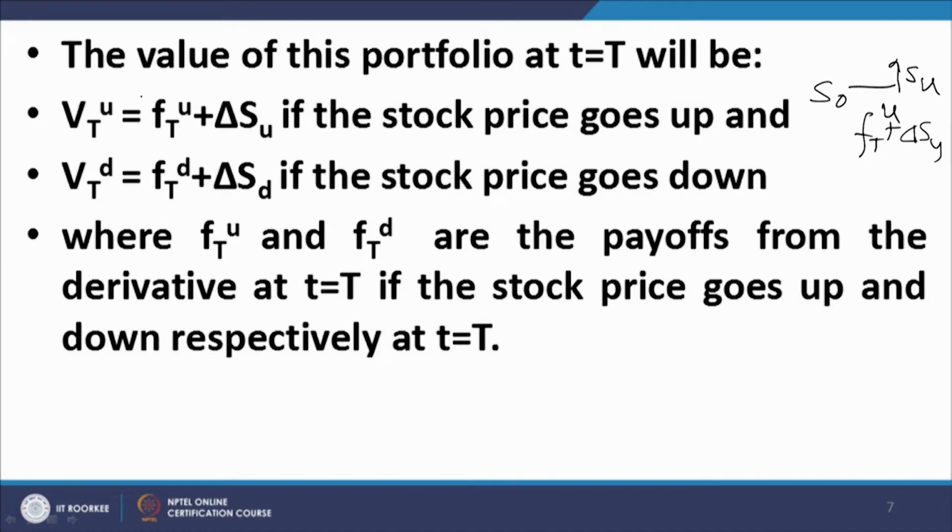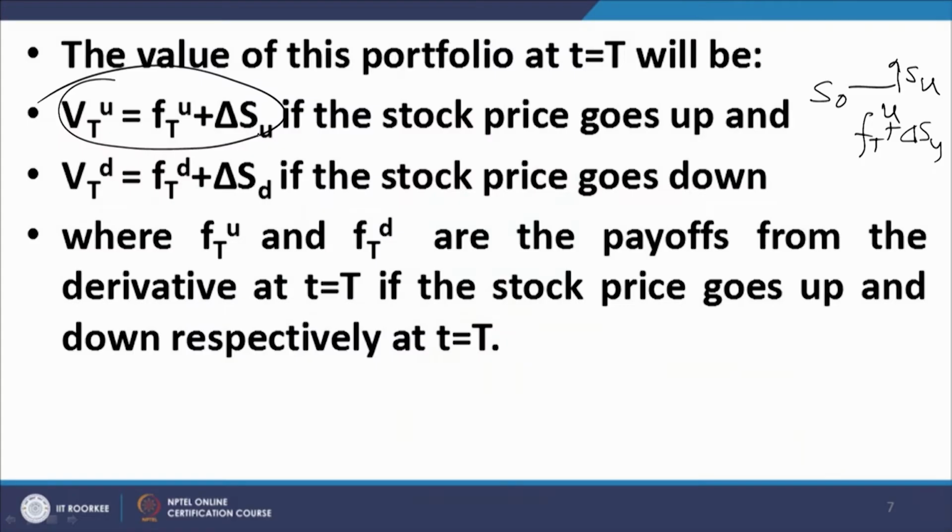That is what is given here. FTU is the value of the derivative if the underlying asset's price goes up, and SU is the value of the stock if the stock price goes up. We have got delta units of the stock. So, the stock component of our portfolio V will be equal to delta into SU, and the derivative component, because we have only one derivative, will be worth FTU.